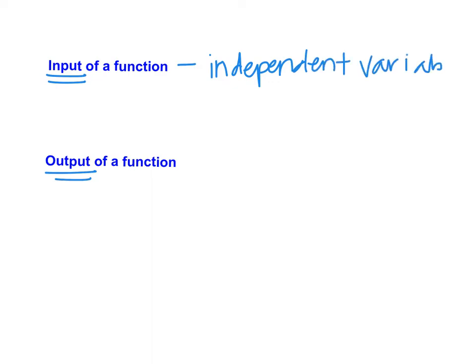So in our conversations about functions, we talk about input of a function, that's your domain. Output of a function is your range. Input of a function is going to be our independent variable. And the output of a function is what we call our dependent variable.